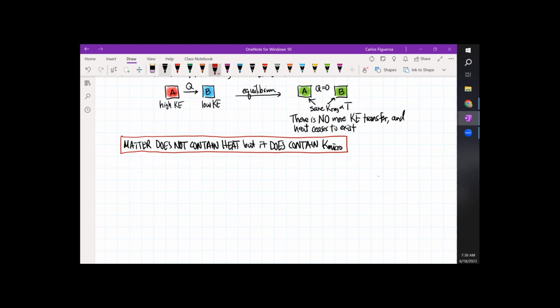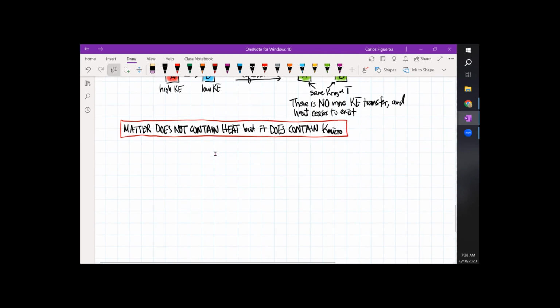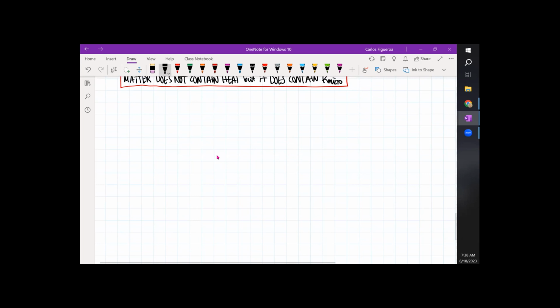So this is a really sticky point in everyday language. And I would say that very strongly, everyday language is wrong and misleading, very misleading in regards to heating.